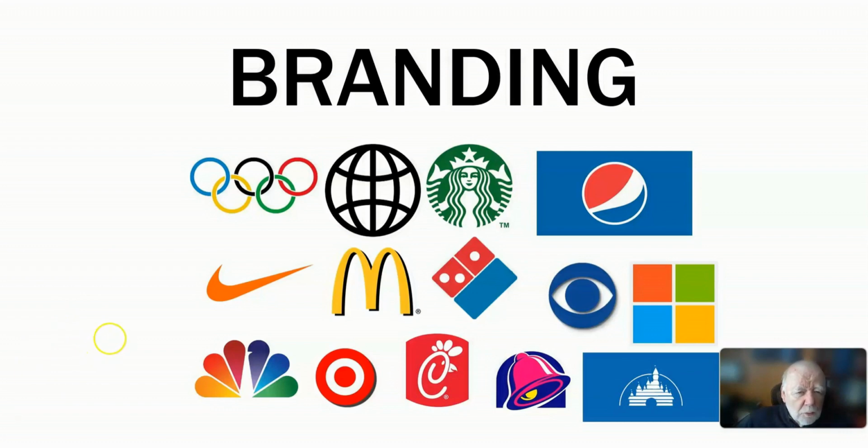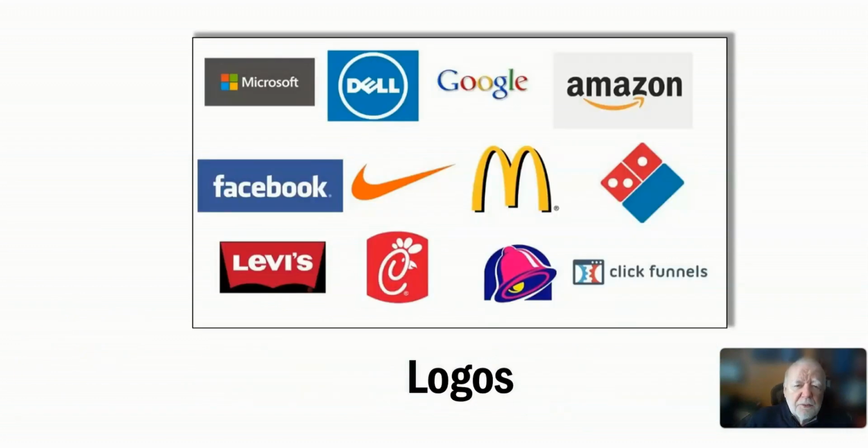Then you also have logos. Logos are a little bit different. In most cases, not in all of them, the name of the company is attached to the logo. The exception to that is like Nike. Everybody recognizes that little orange emblem and recognizes it right away as being Nike. The golden arches, the yellow M, everyone knows that is McDonald's.